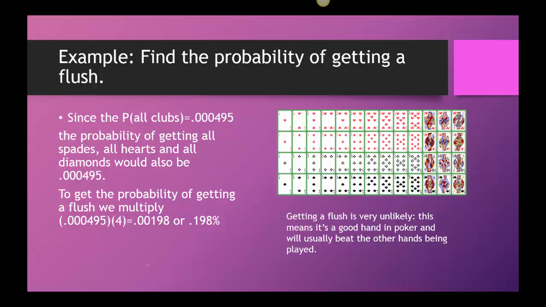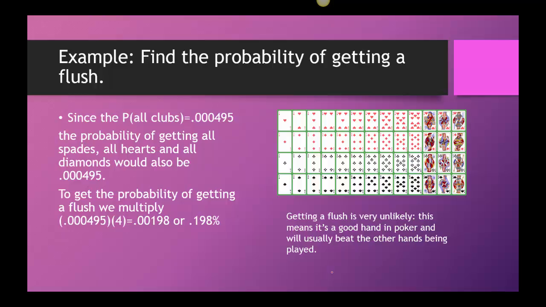Since I have 4 of them, I'm just going to multiply 4 times 0.000495, and it says 0.00198 or 0.198%. Do you see that getting a flush is really unlikely? This means it's a good hand in poker and will usually beat the other hands being played.